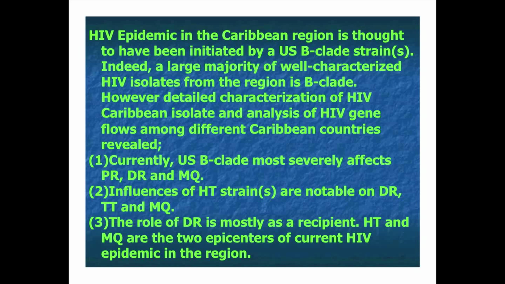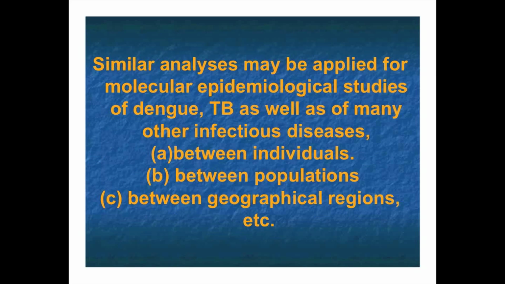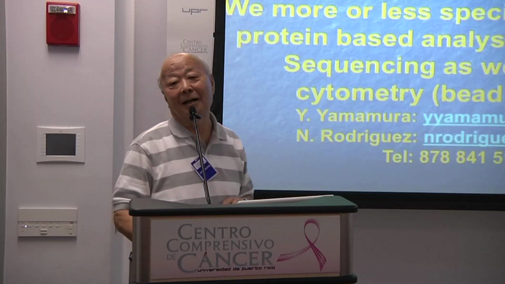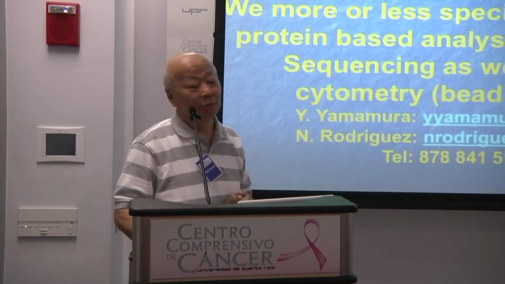So this is the kind of conclusion we can come up with using molecular epidemiology analysis of sequencing data. And as I said, it's not limited to HIV; it applies to many pathogens, or even to the individual.